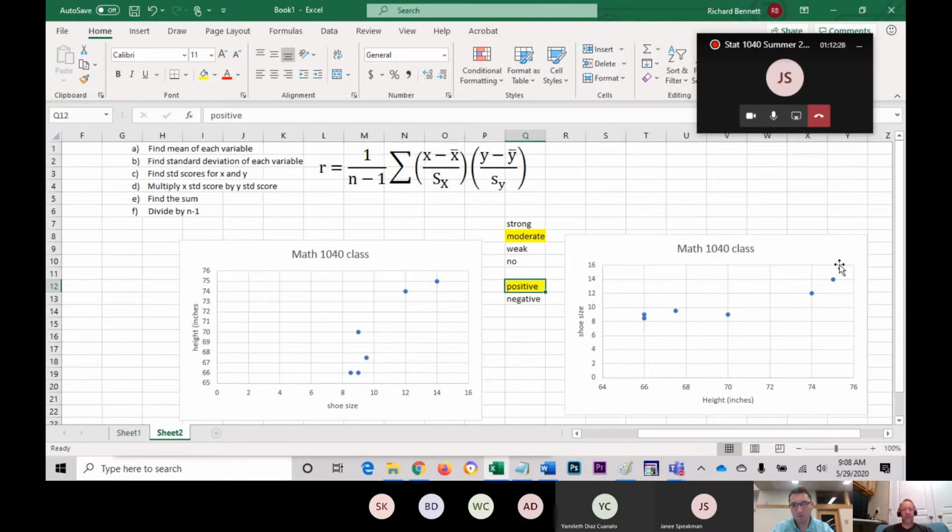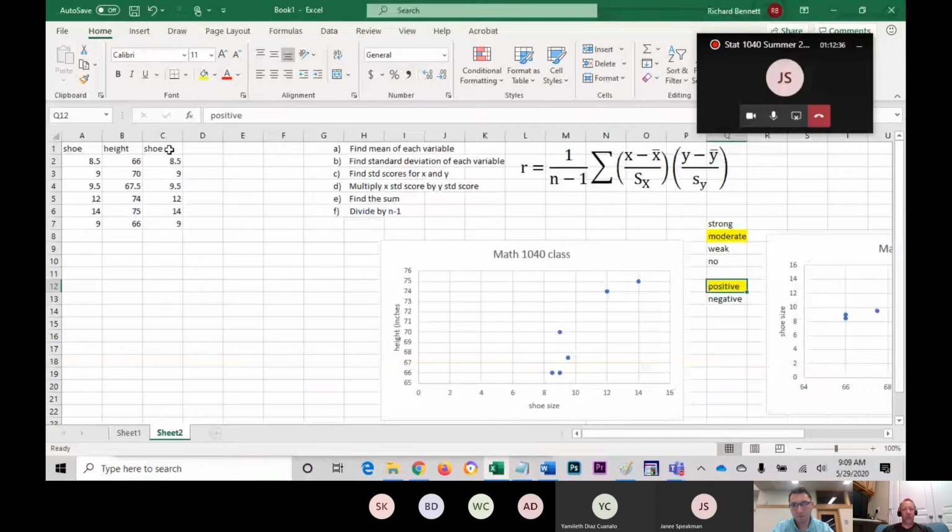So anyway, I'm going to go ahead and delete this one. It's going to mess up my graph though, but that's all right. Okay, so actually maybe I'll do it this way.